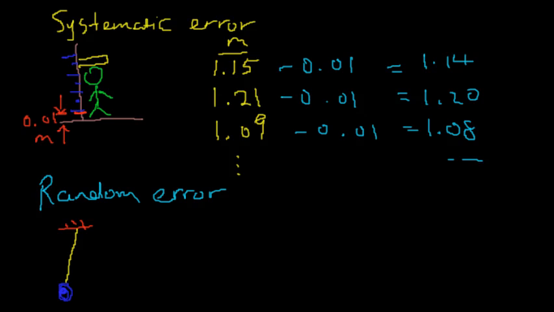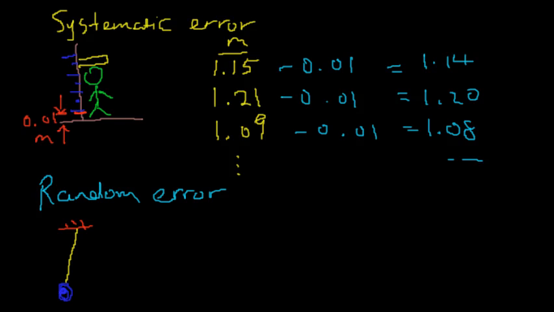Now I take out my timer or my watch, a stop clock, and I'll start measuring how long it takes for the pendulum, after I release it, to come back to the same place. How long does one swing take?